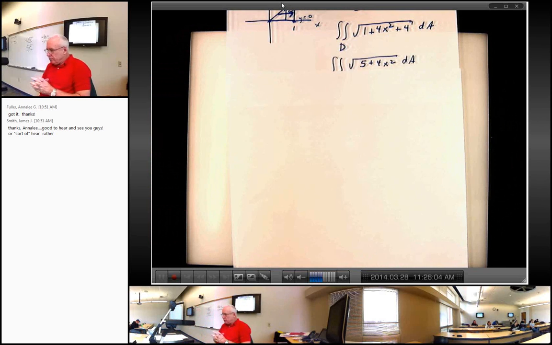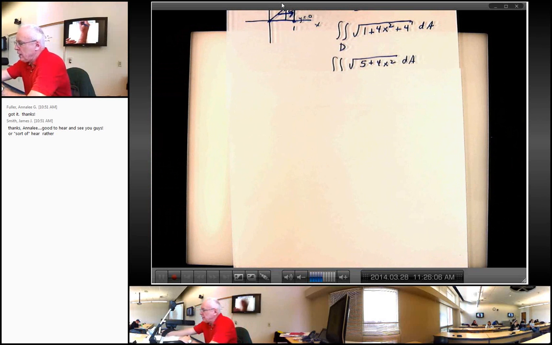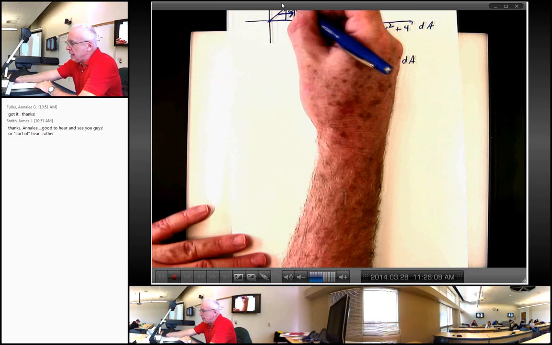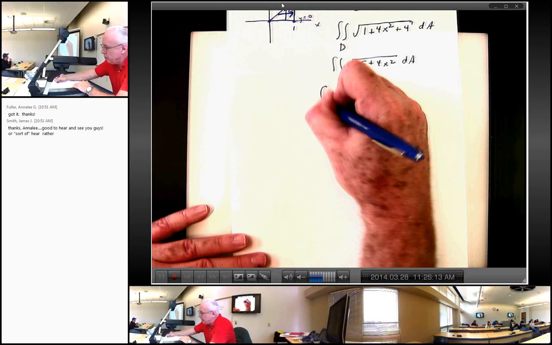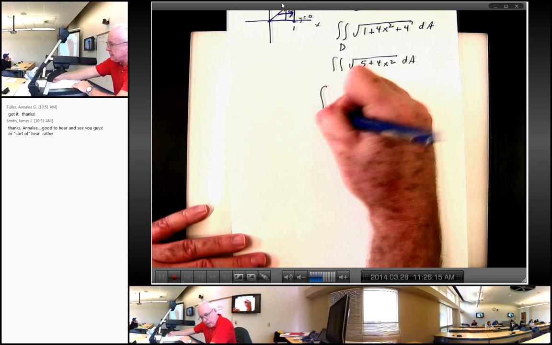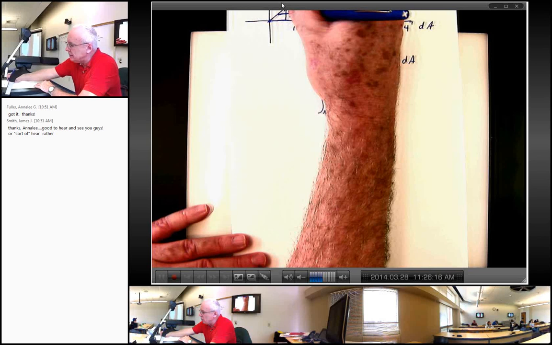So if I did it that way, the bottom part of my arrow is x equals y. The top part of my arrow is x equals 1.